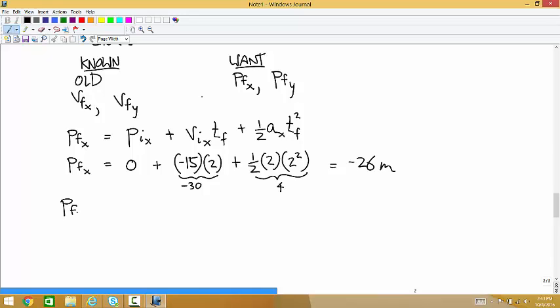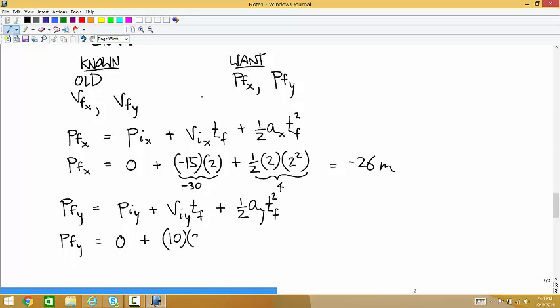And then PFY, we can use the equation that says PFY is equal to PIY plus VIY TF plus 1/2 AY TF squared. PIY was 0. What's VIY? Positive 10. 10 times 2 plus 1/2. And what was AY? Negative 4.